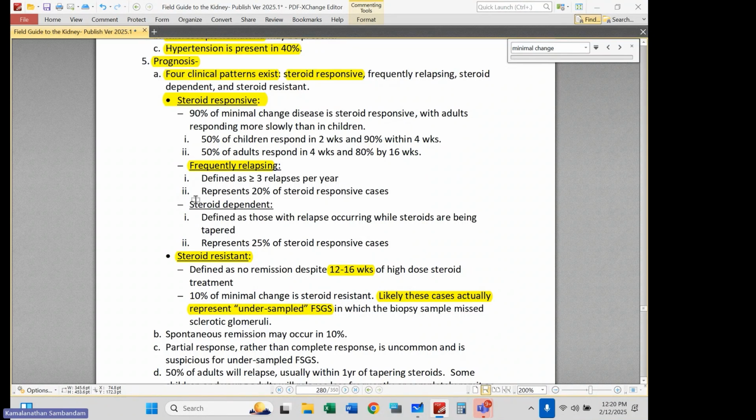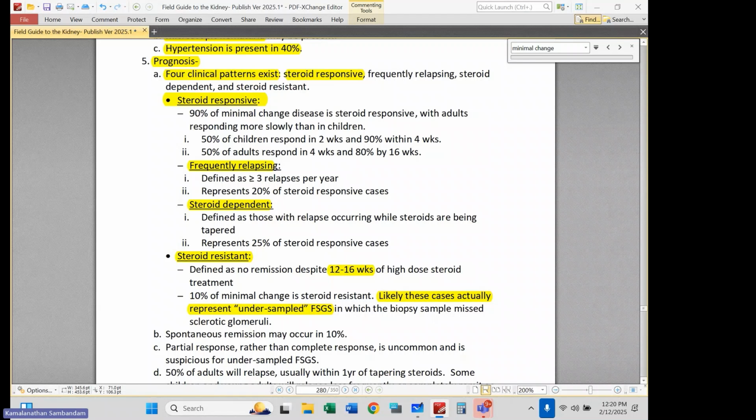Okay. Steroid dependent patients are those that remit with steroids, but then as you're tapering the dose down, you develop a relapse. So they're dependent on steroids at some reasonable dose in order to maintain remission. Okay, so that would be the steroid dependent patient.